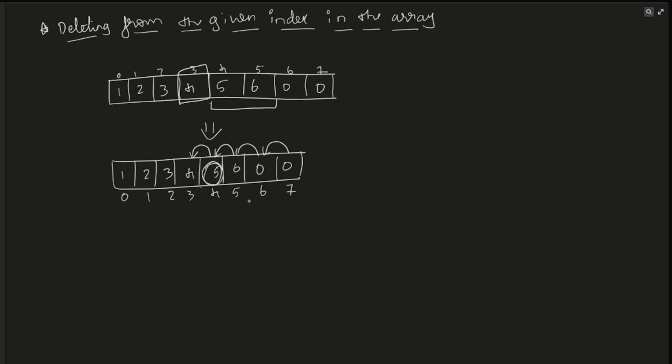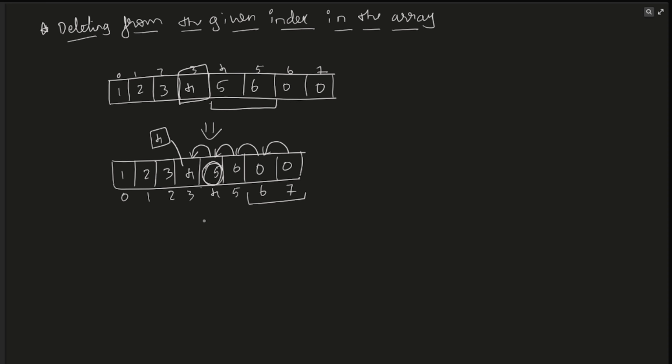We don't need to do these indexes. We can just stop at the length of the array. Length meaning the thing which we are keeping track of. In that way, this 4 will be deleted out of the array.